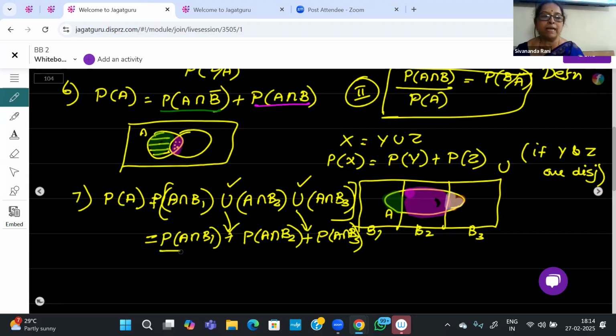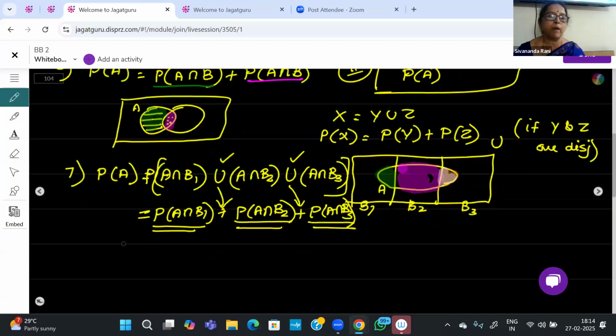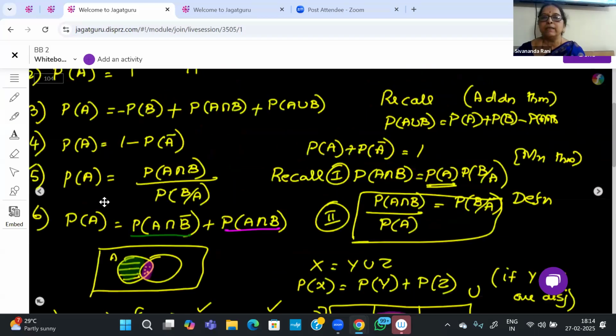How do I deal with the intersection now? Which comes to my rescue as far as the intersection goes? Whenever we are supposed to find the probability of the intersection, which theorem comes to your mind immediately? Conditional probability. Very good. Yeah, the multiplication theorem, which I was mentioning earlier. Do you remember?